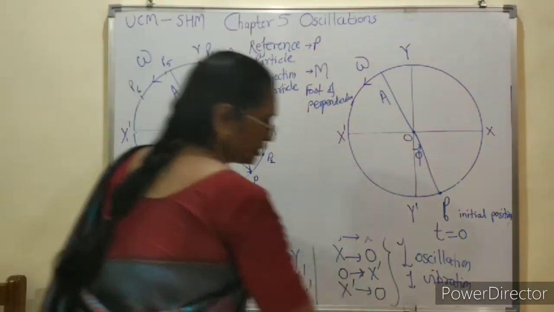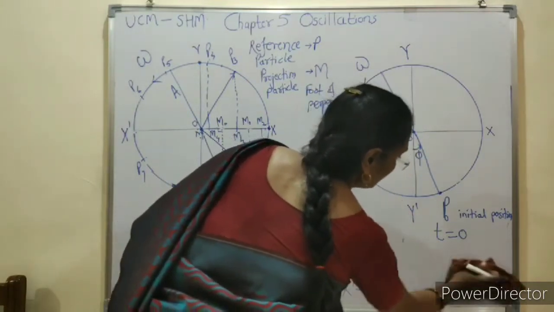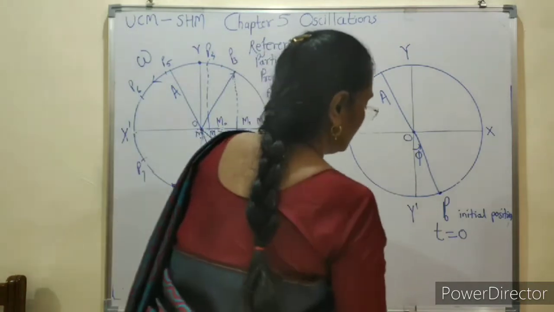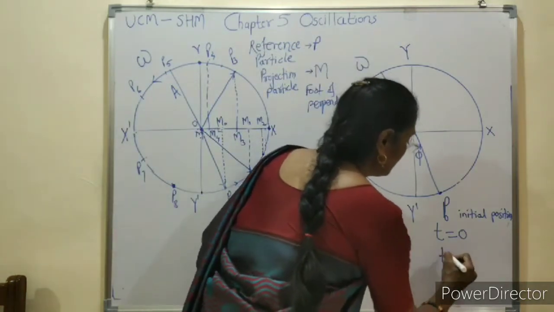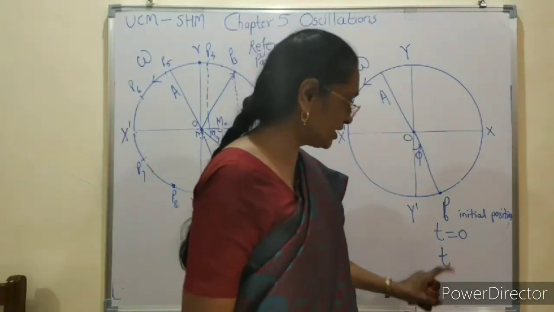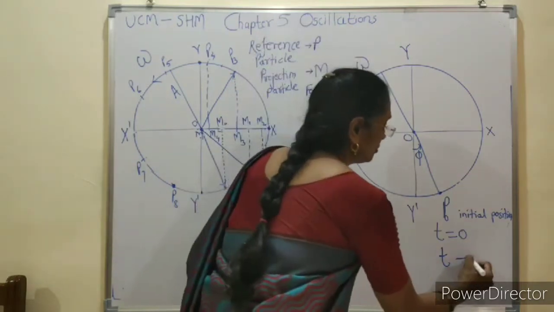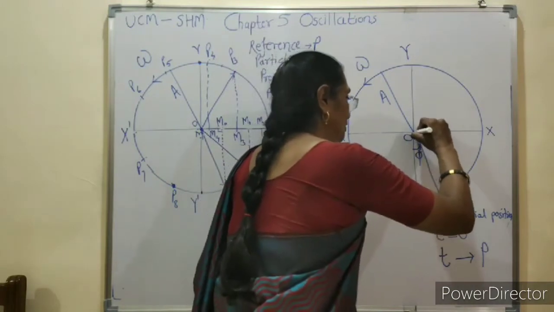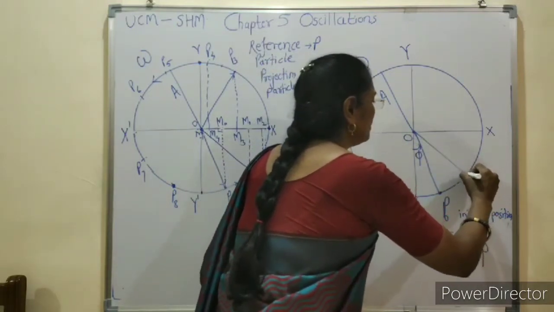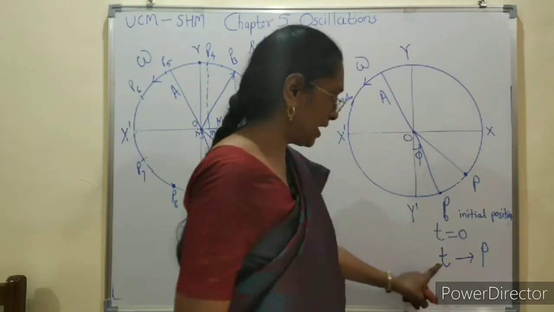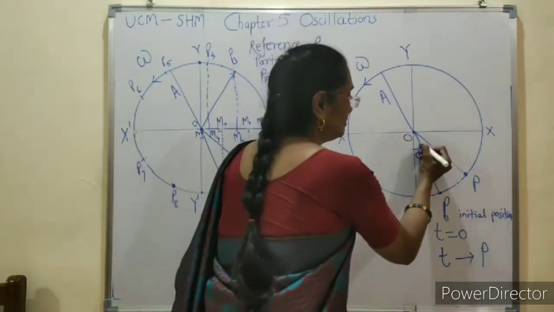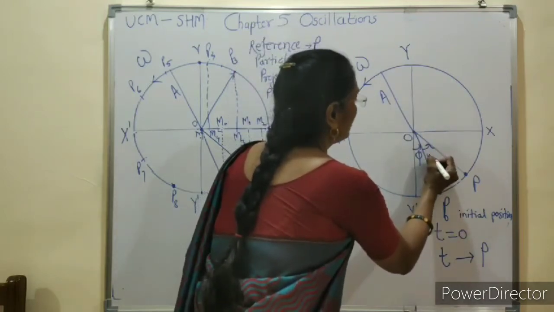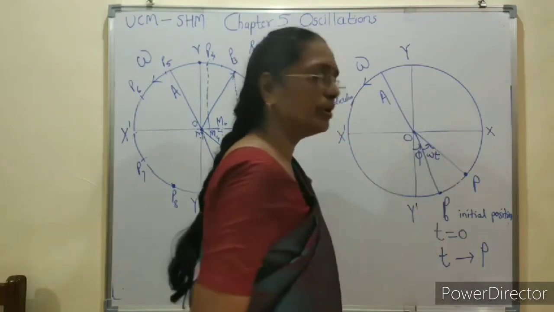Now for this situation we have to show the next time instant by t. The position of the particle is P. At time t, as the angular velocity is omega, the angular displacement can be omega t.